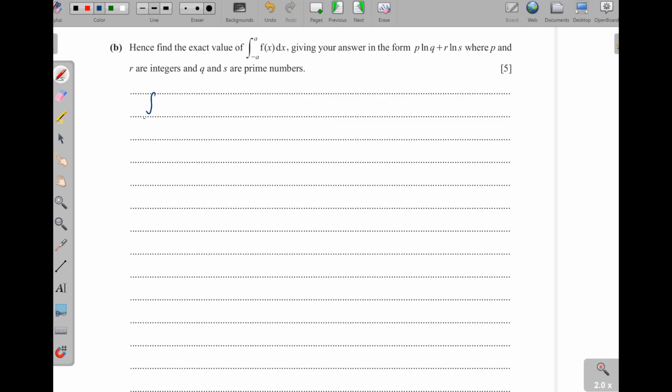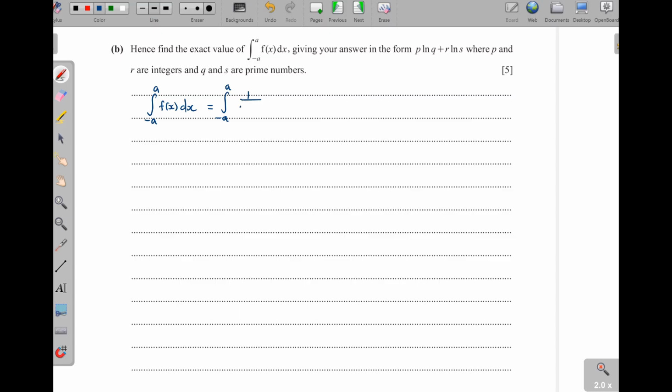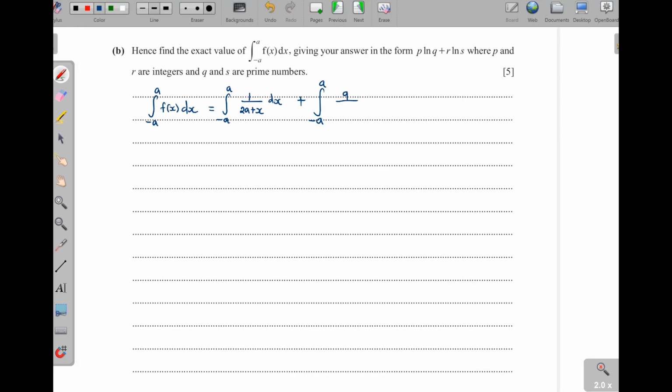So we shall have the integral from negative a to a of our f of x with respect to x. This one will be equal to, we are going to integrate from negative a to a. The first one is, if you check, 1 over 2a plus x with respect to x, then plus, again integrating from negative a to a, the next one is 9 over 2a minus x with respect to x.